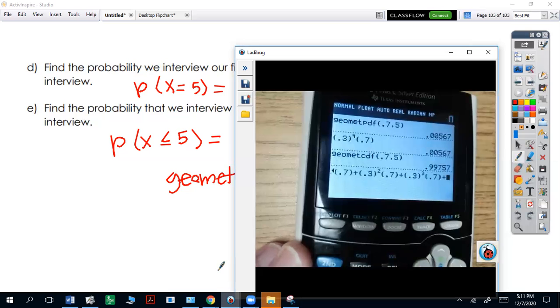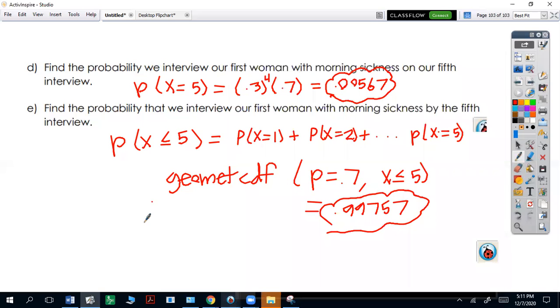And then finally, plus 0.3 to the 4th power times 0.7. And that's just all of them added together and to get that total combined 0.99757. All right, that's all.